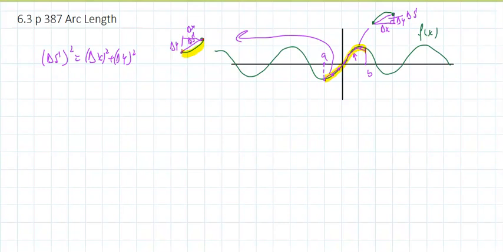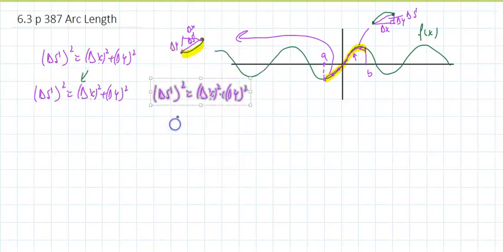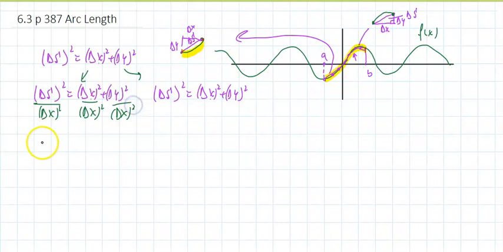And then when I look at this, I could, if I want, divide everything by delta X squared. Just simple algebra. It's important to understand this.